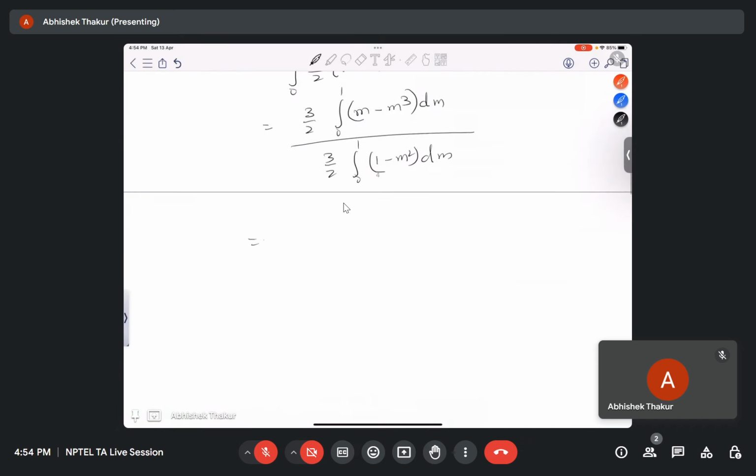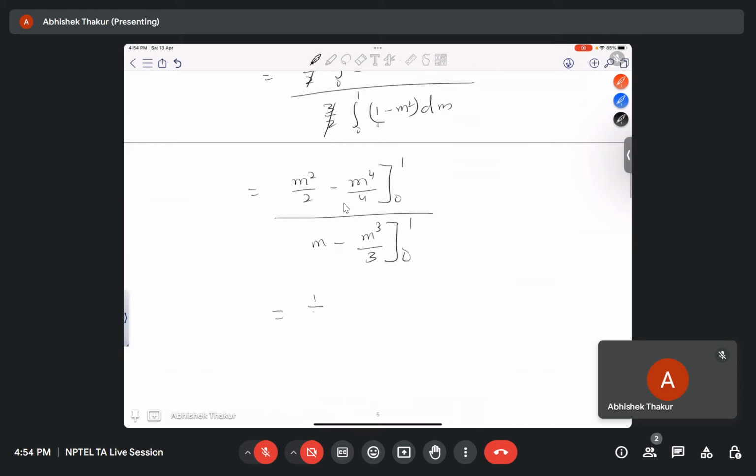This 3 by 2 and 3 by 2 will get cancelled. So we will get m square by 2 minus m to the power of 4 by 4, from 0 to 1, and here m minus m cube by 3, from 0 to 1.